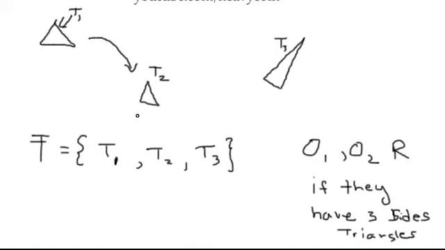If I had to write this out, T1 is related to T2 because T1 has three sides and so does T2. So I would say that T1 is related to T2.